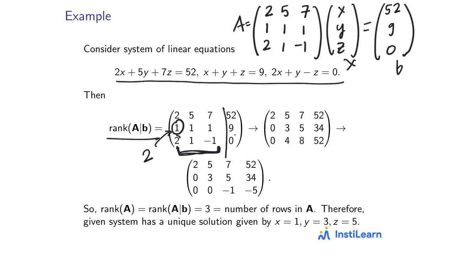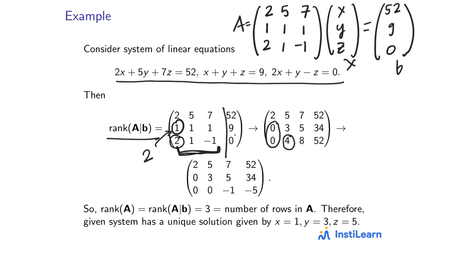Next I would like to create a 0 here, and again I will just directly subtract this third row from the first row. So I'll get 2 minus 2 is 0, 5 minus 1 is 4, 7 minus minus 1 is 8, and 52 minus 0 is 52. So once I have zeros in these positions, I would like to create a 0 here.